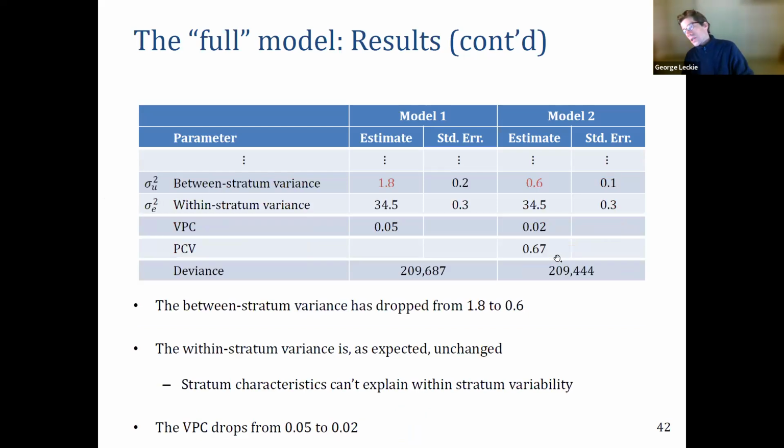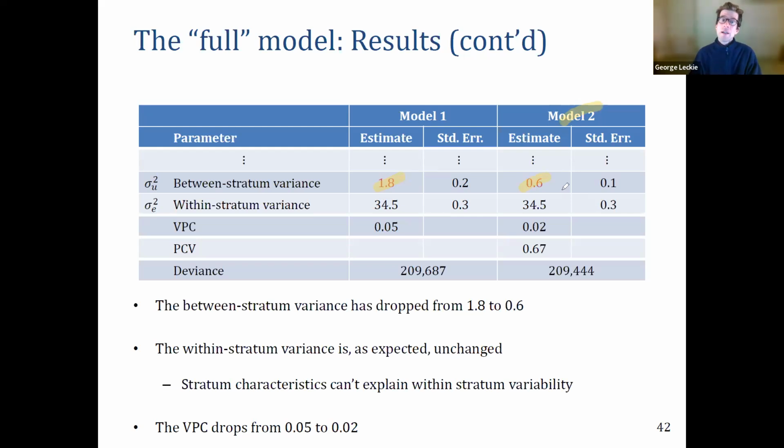So those regression coefficients, like I said, it's a bit like linear regression, but really we're conceptually viewing these as characteristics of the strata. Moving on to the variance components, remember previously these quantified the degree to which the strata means varied across the 382 strata. Now the interpretation changes. Because I've put in the main effects in model 2, that estimate drops to 0.6, but the interpretation has changed as well.